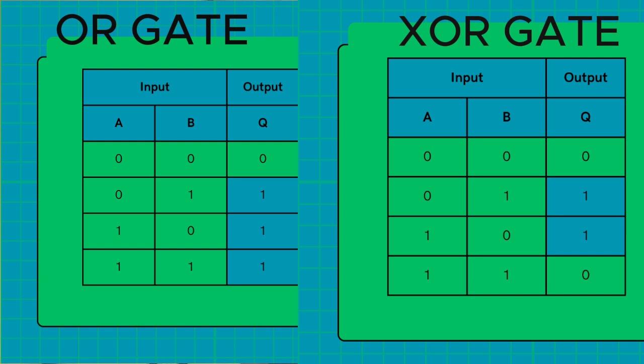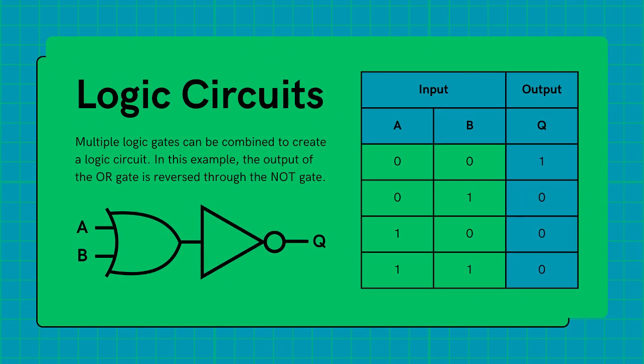When A and B are 0, the output, which is the Q, will be 1. Looking at this, in the OR gate, if one of the inputs is 1, the output will be 1. And when both are 1, the output will still be 1. And the NOT gate is the reverse of the input.